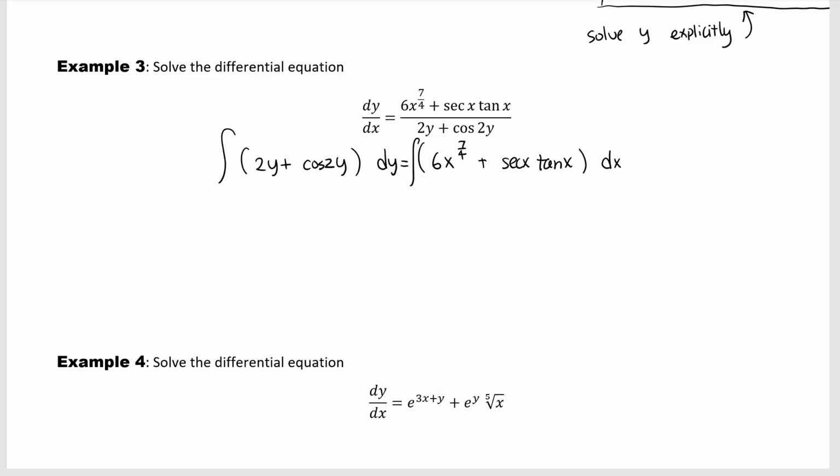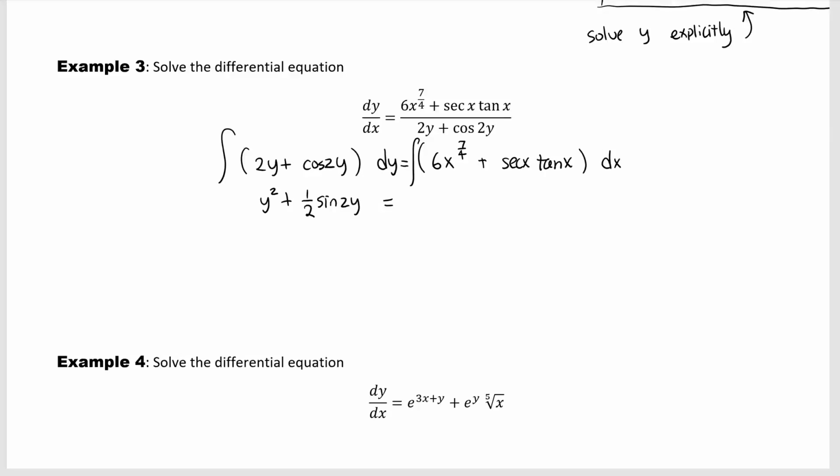What is the integral of 2y? Well, that's y squared. What's the integral of cosine? It must be sine, but plus sine or minus sine? Think about it: what is the derivative of sine? It's positive cosine, so that's why we have positive sine 2y. But because of the 2, we get 1/2 in front.